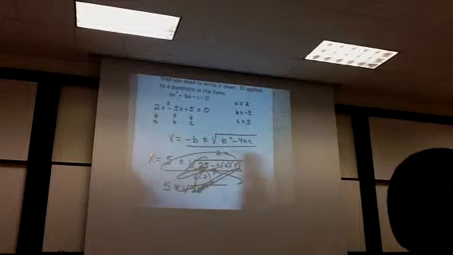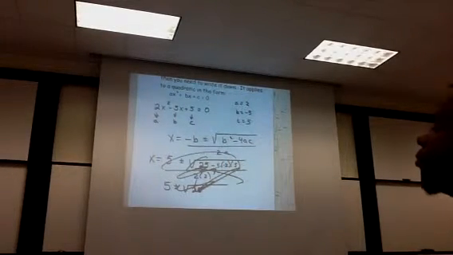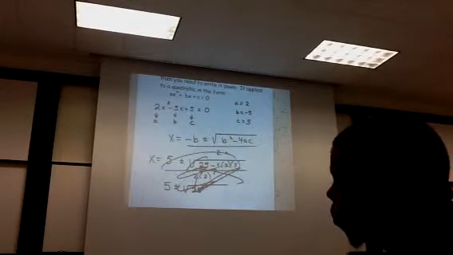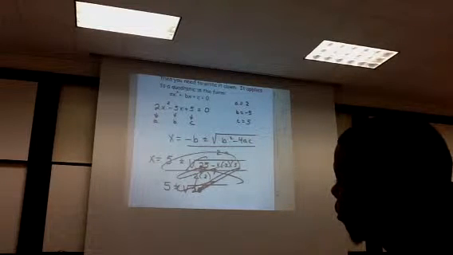Therefore, the thing under the radical has a very specific name, and if you look on page 117 at the bottom, it's called the discriminant.